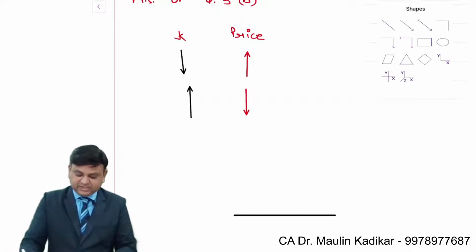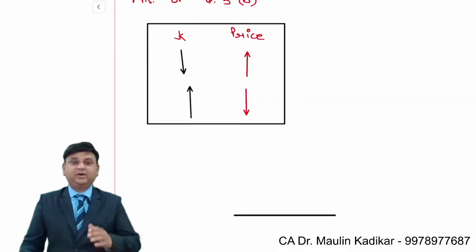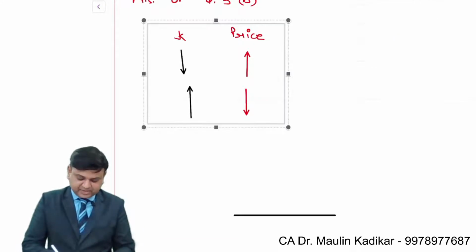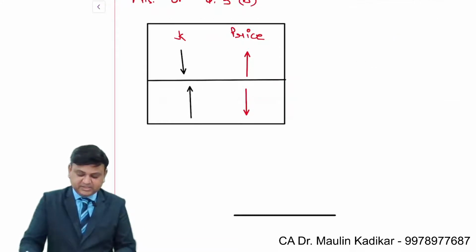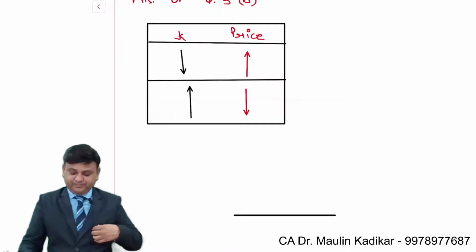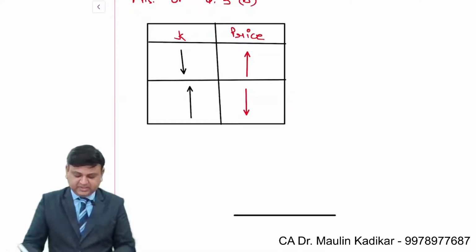So depending upon the change in the required rate of return, the price of the security will reflect it. If the required rate of return has fallen down, then the price will go up and vice versa. This is what we understand.